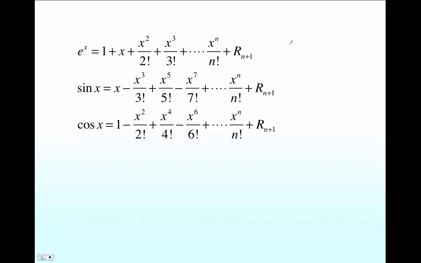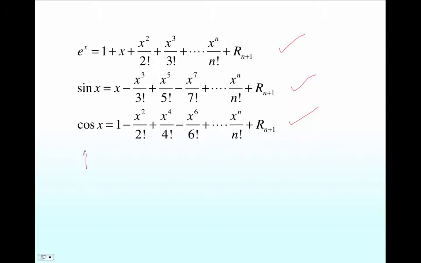Let's now use this fact for the Taylor expansions that we've derived earlier. So here is the expansion for e to the x. This over here is a Taylor polynomial, and there's the remainder part. Here it is for sine and cosine.